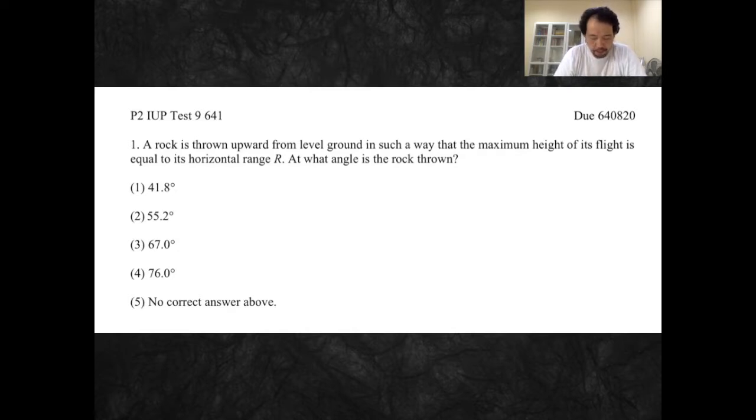In this problem, the question is: a rock is thrown upward from the level ground in such a way that the maximum height of its flight is equal to its horizontal length. At what angle is the rock thrown?